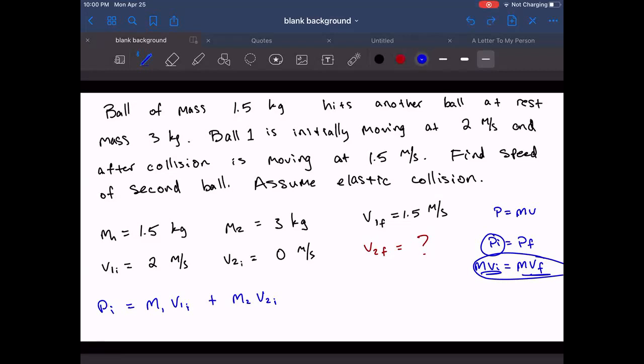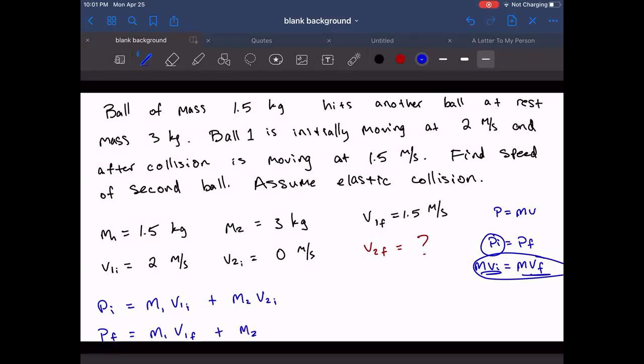Okay, so what's the equation for PF then? Is it the equation that I already said, M1 V1 plus M2 V2? Yes, but not exactly. This is what you said, and this is what it is, V1F.